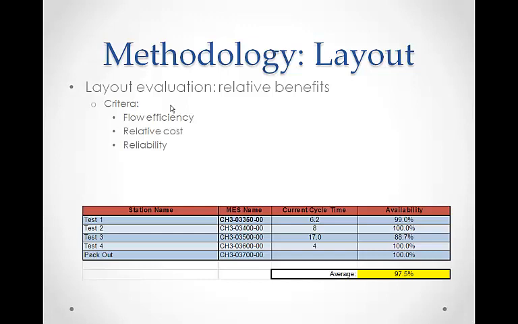For relative cost, alternative 1 is again the strongest alternative, in that the cost of replicating the final assembly and test stations is eliminated, as well as the cost of moving the wave solder machine, which makes alternative 3 a less attractive alternative than either 1 or 2.